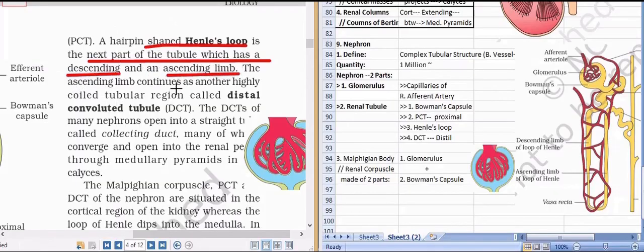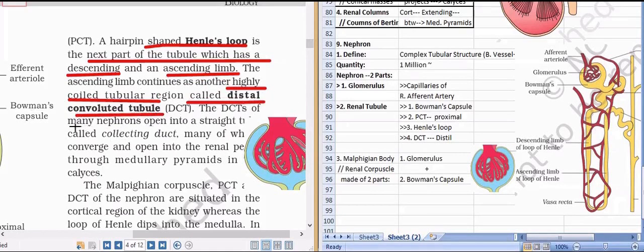After the ascending limb it will continue into the DCT. These are all highly coiled, PCT is highly coiled and DCT is also highly coiled. The loop is not coiled, it's simple and straightforward. It is called the distal convoluted tubule.